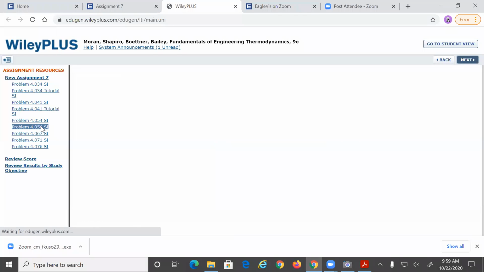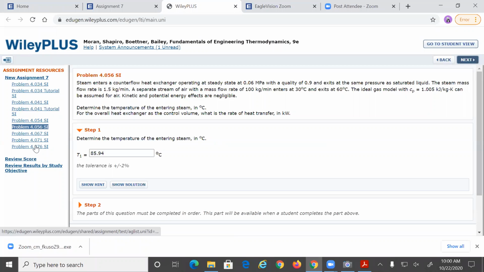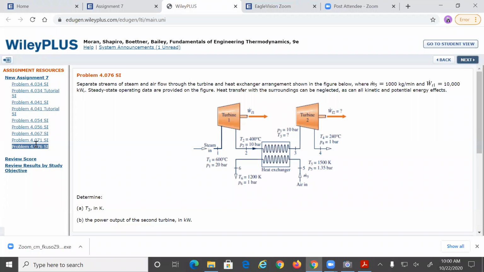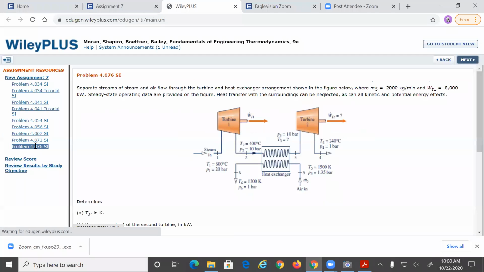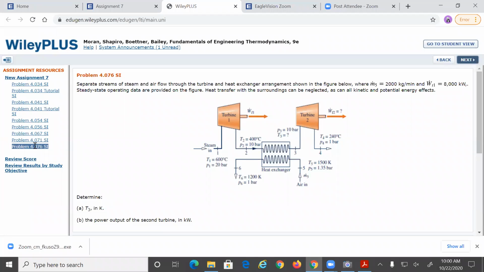As soon as you see one that you like, let me know. You want to do one of the difficult ones, maybe these ones, and see what happens. So 476 or 471. You want to work with turbines or with compressors? 76 is fine.